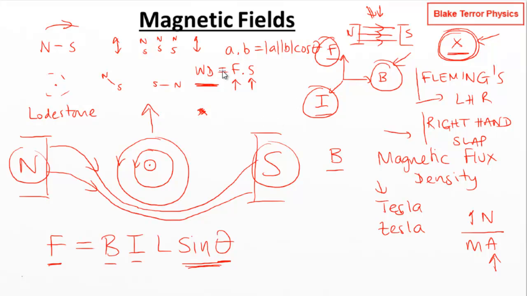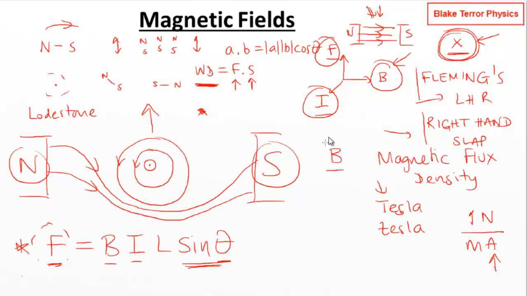So we've got one way of multiplying vectors to get a scalar answer. The cross product, our vector product, is giving us a way of multiplying vectors to get a vector answer, which is our F here.